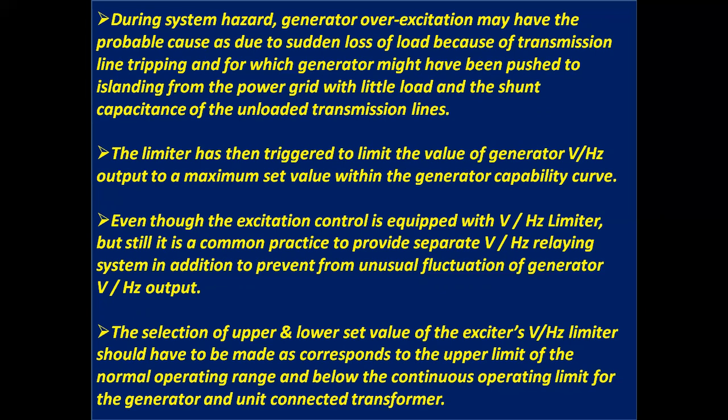The selection of upper and lower set value of the exciter's volts per Hertz limiter should have to be made as corresponds to the upper limit of the normal operating range and below the continuous operating limit for the generator and unit connected transformer.